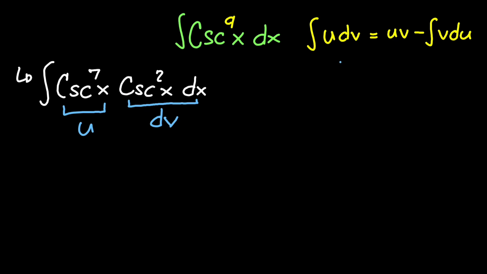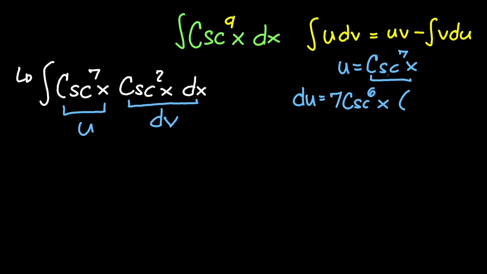Firstly, u here in this case would be cosecant to the power 7 of x. Take the derivative of this. Since it has an exponent, let us use chain rule, focusing on the outer function or the power of 7. Bring this down according to the power rule of derivative. 7 multiplied by the inner function, which is cosecant to the power of 7 minus 1, would be 6, of x. And after that, multiply this by the derivative of the inner function.